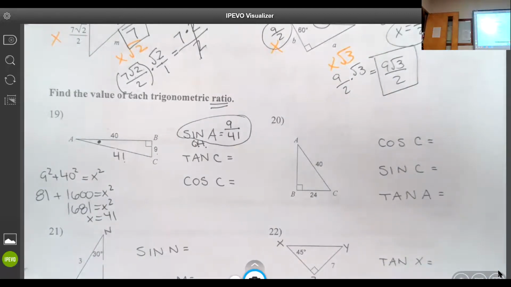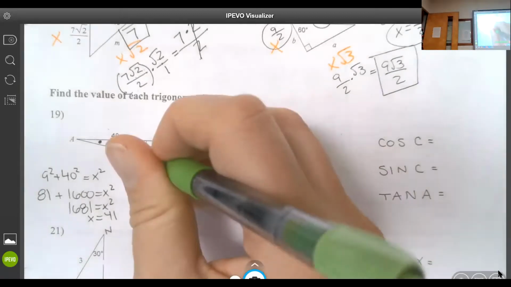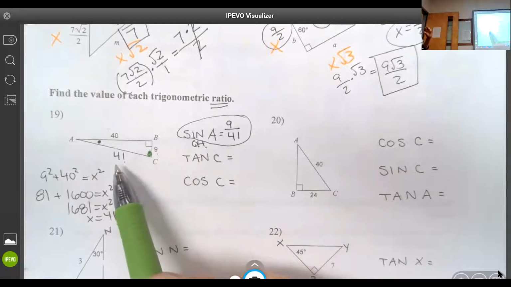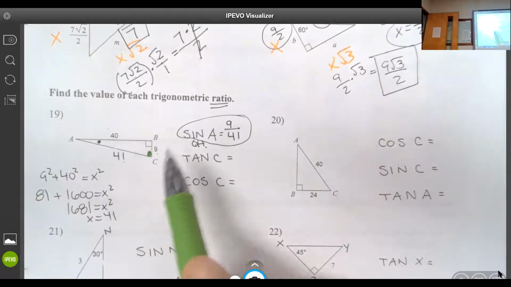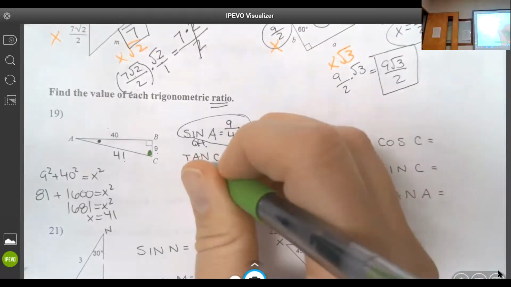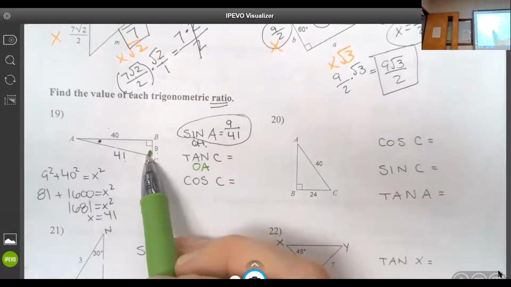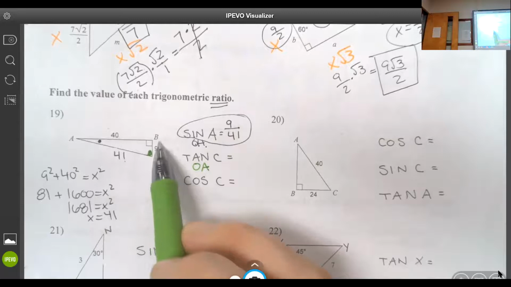Then what happens is it asks you to change how you look at it. So now it's saying, well, what about from C? So what's going to change? The hypotenuse will always be the hypotenuse, but what's opposite and adjacent will change depending on which angle I'm looking at. So tangent, which is opposite over adjacent, what is opposite angle C? Which side? 40. And adjacent would be 9.